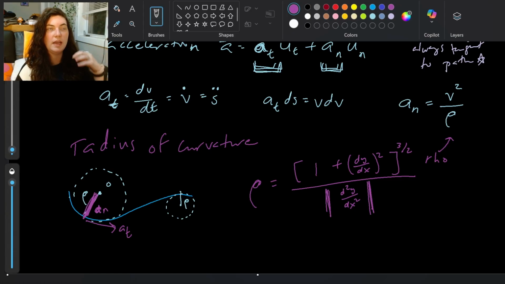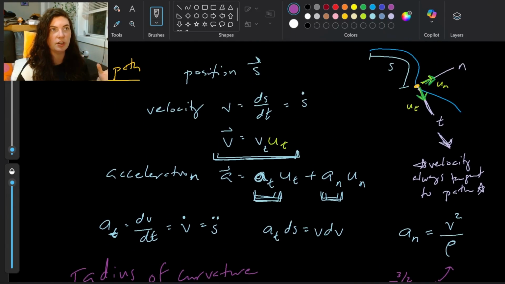and then we'll look at a problem where it may be more beneficial to use these relationships for this normal tangential setup instead of an XYZ rectangular setup. I know it looks a little bit confusing, it's a different layout with these equations, but we still have our position, derivative of position is velocity, derivative of velocity, again, velocity is just tangential, so derivative of velocity gives us tangential acceleration.